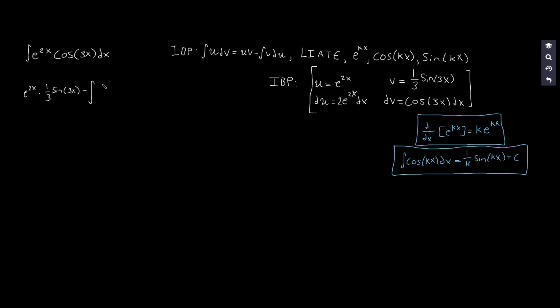Well, v is 1/3 sine of 3x, and du is 2 times e raised to the power of 2x, integration with respect to x. I'll just bring down that 2 times x times 1. What is this?